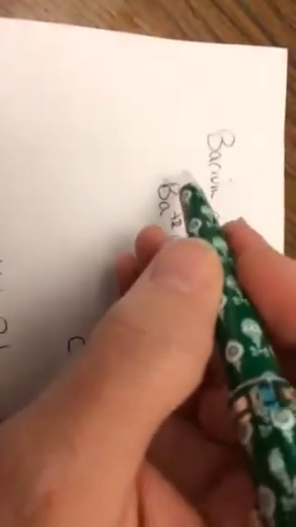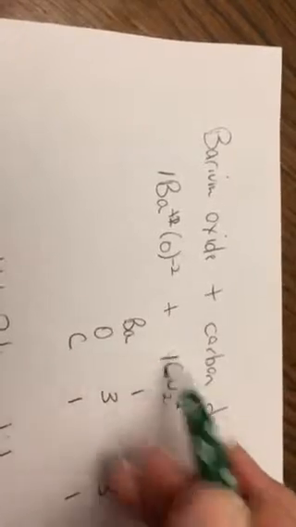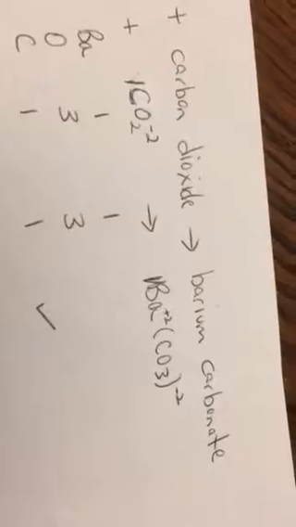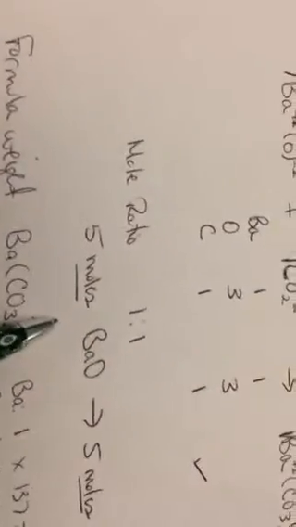That's why in the last chapter, if you had a single reactant at the end, they would put your 1 here. It's 1 of that, it's 1 of that, it's 1 of that, and so you know you have a 1 to 1 mole ratio. 1 to 1. So 5 moles of the barium oxide is going to be 5 moles of the barium carbonate.